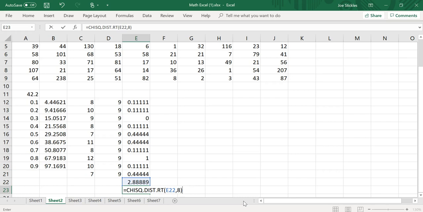This is going to give me the p-value for the hypothesis test. Our null hypothesis here is that this is an exponential distribution. In fact, it's an exponential distribution with theta equal to 42.2. That's our null hypothesis. So we want a high p-value. A high p-value says we're going to accept the null, and we really do have a decent model for the distribution.